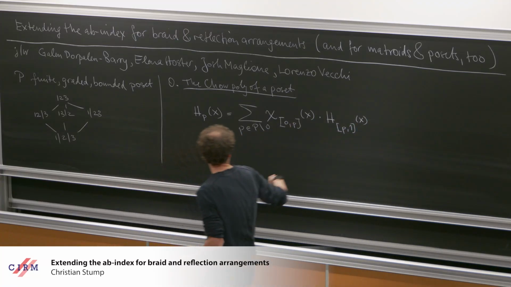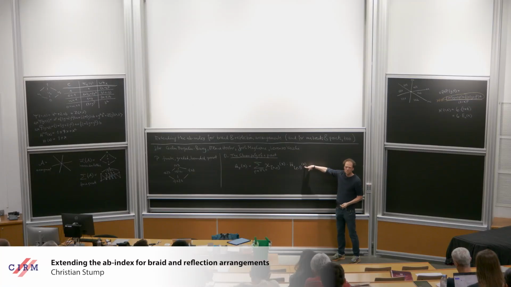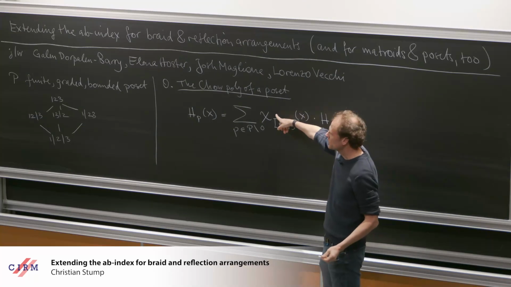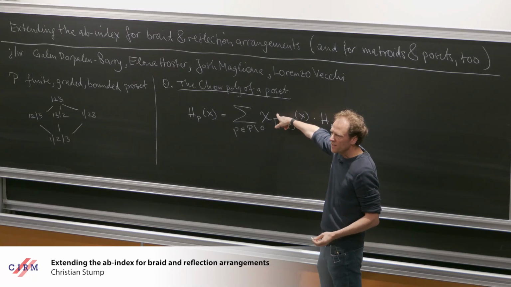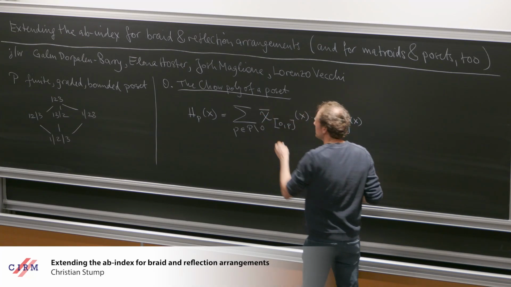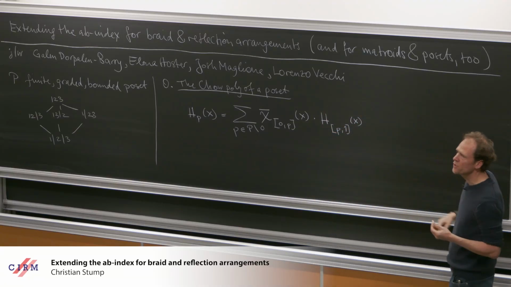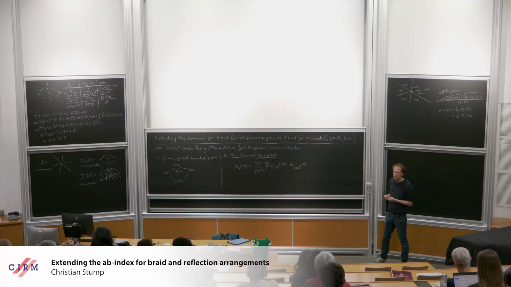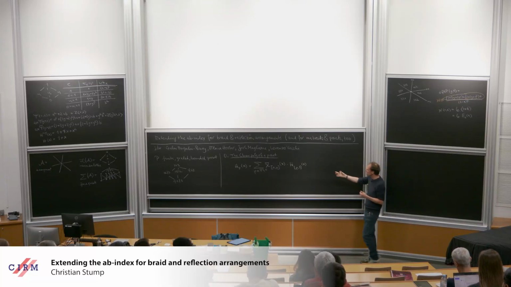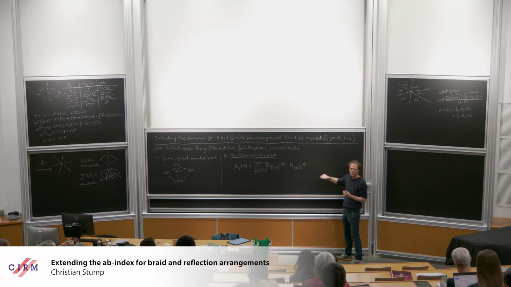Actually, to make it correct, we divide by 1 minus x. If you haven't seen the characteristic polynomial, I'm going to give a definition in the next chapter. But just so that you see, this is an extremely combinatorial definition of an object.